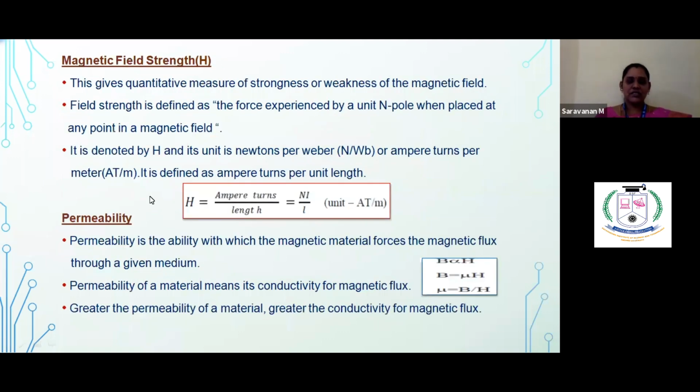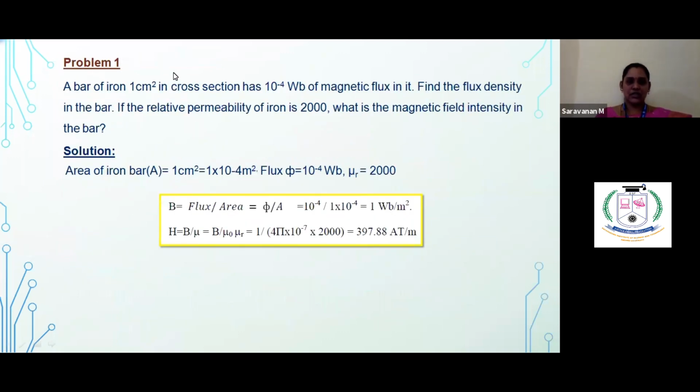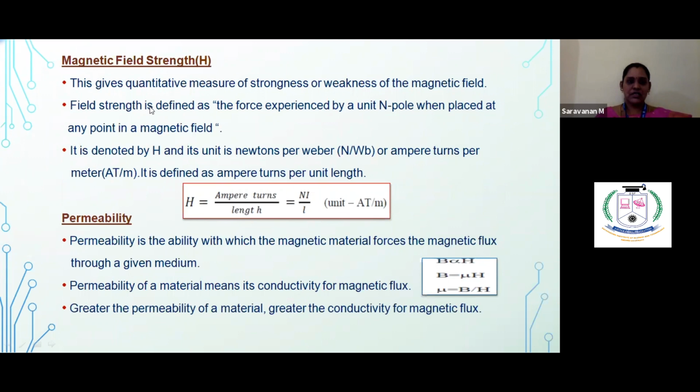Now next thing is your magnetic field strength. Magnetic field strength, denoted by H, is the force experienced by a unit north pole when it passes through any magnetic field. It has two units. One unit, according to the definition and the given expression, is ampere turn per meter, and the other physical unit it has is Newton per Weber.